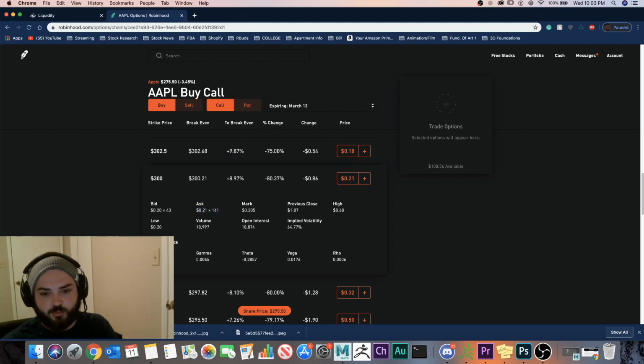That's okay. And then we look over here at the volume. The volume is excessive. I mean, it's normal for Apple, but it's way up there, which is really good. It means there are people in the market looking for stuff. Open interest is how many people have actually been in there. And implied volatility is not ridiculously high.